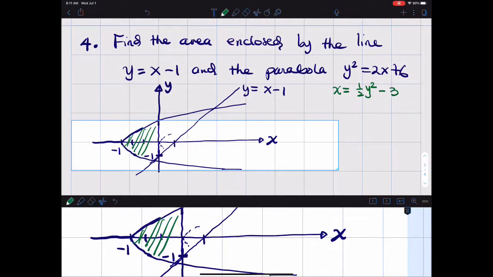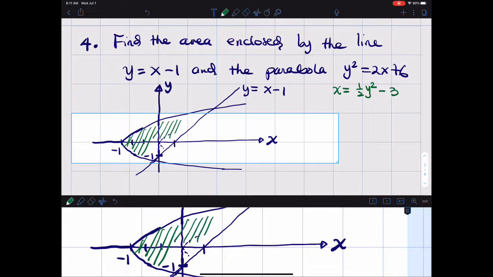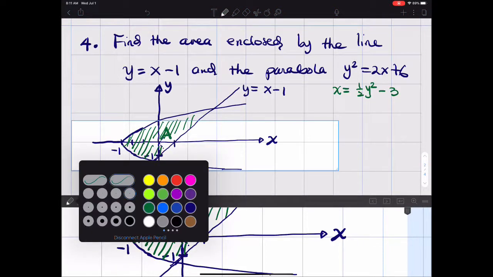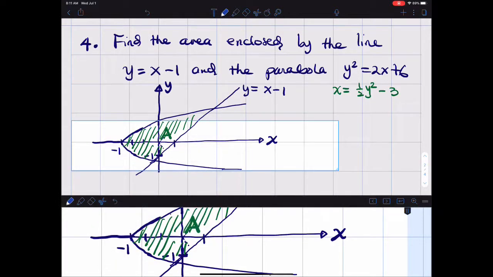This is our area A. Now, if we want to find this area A and we want to integrate with respect to x, the best thing to do is to divide up our area.